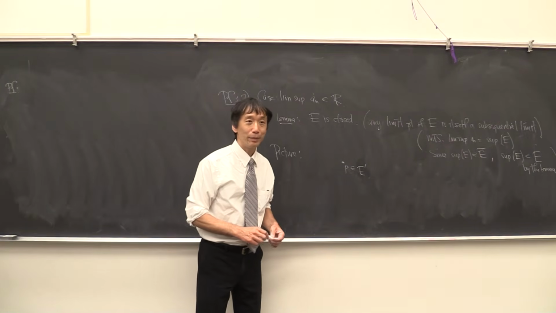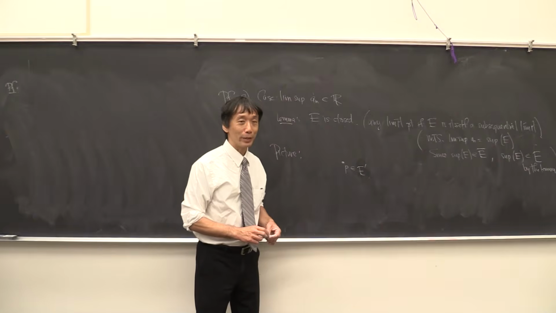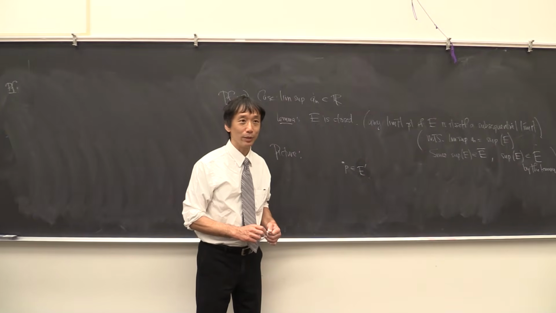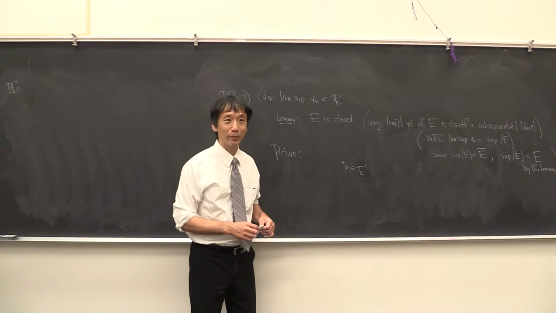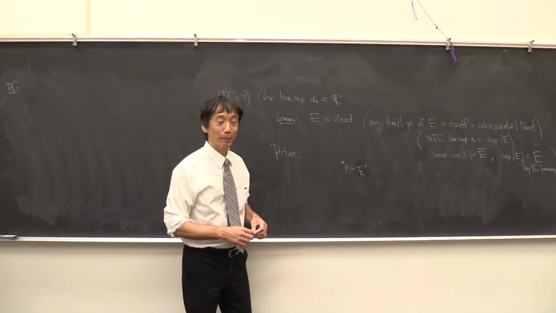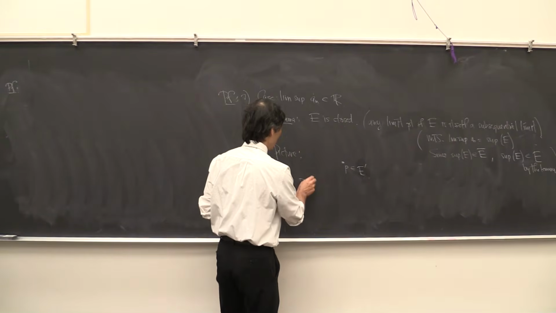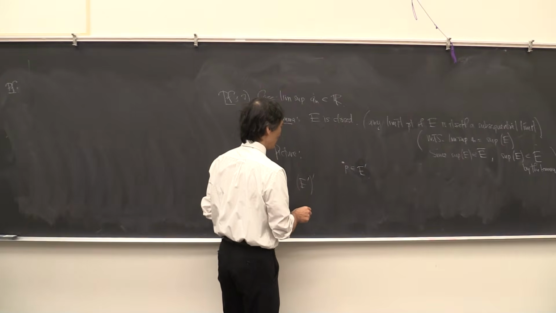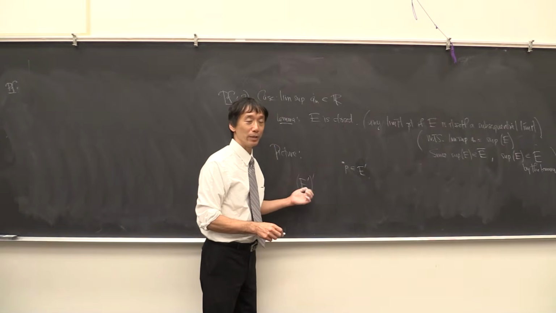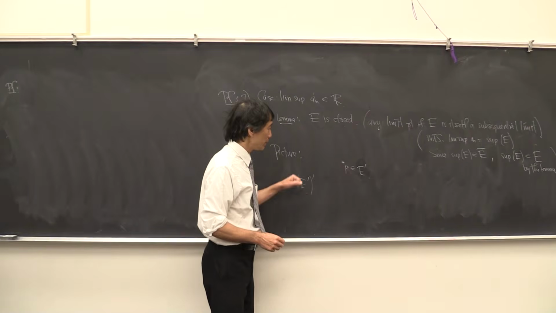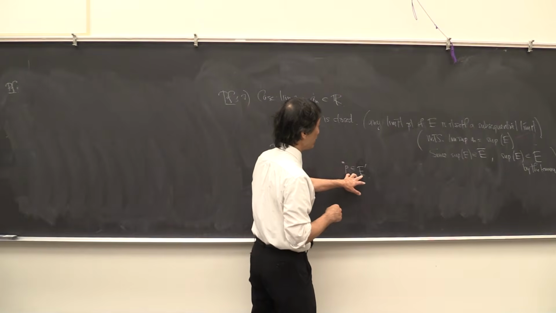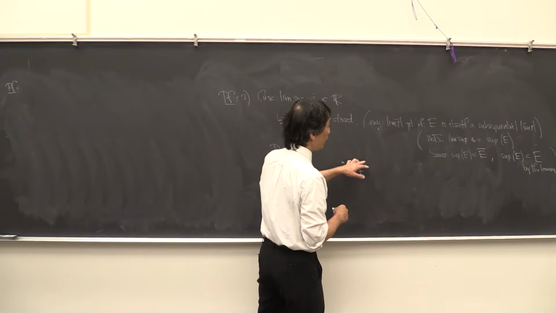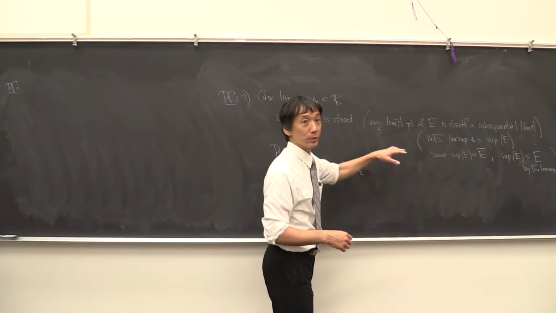Does anybody recognize that this is pretty similar to something else that we proved earlier? Anybody remember something that's vaguely similar? You remember when we showed that the set of limit points was contained in the limit points? It's pretty similar to that, right? So this guy is a limit point of the subsequential limits.